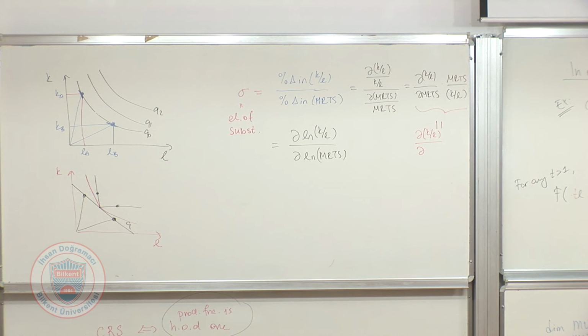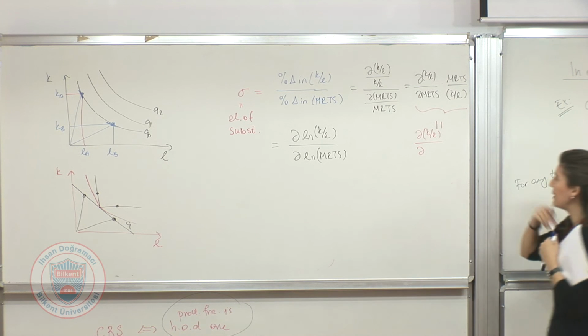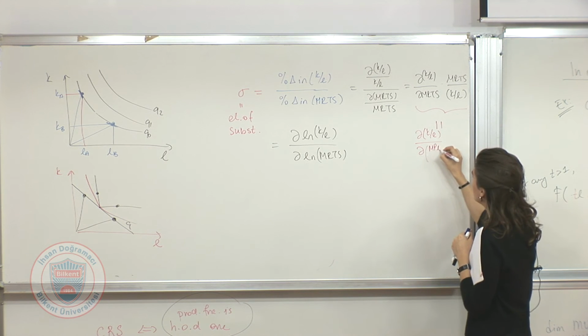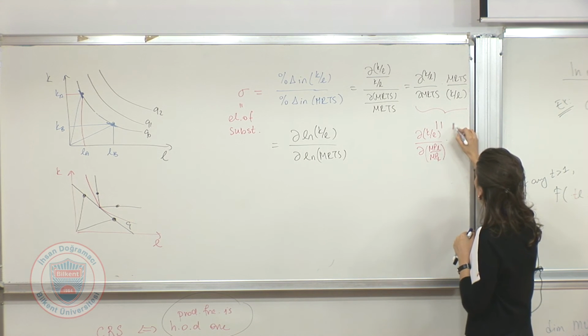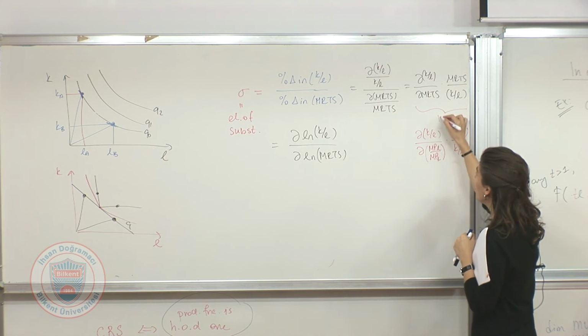What did we say? It's equal to the ratio of the marginal products, right? In some cases you would see it expressed like this, MPL over MPK, and K over L. So you can also interpret it like this.